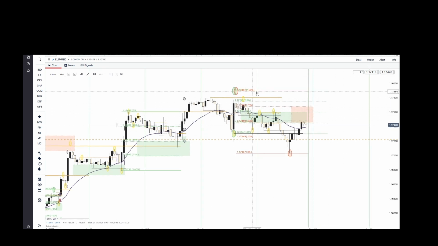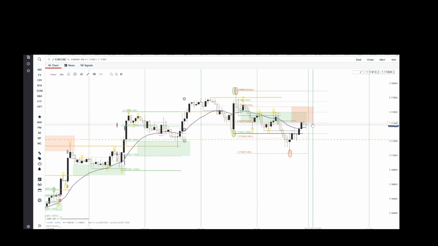At the moment, on the 1 hour chart, there is a bearish tendency. We're making lower highs and we're making a lower low. So there is bearish structure going on here, the start of bearish structure.